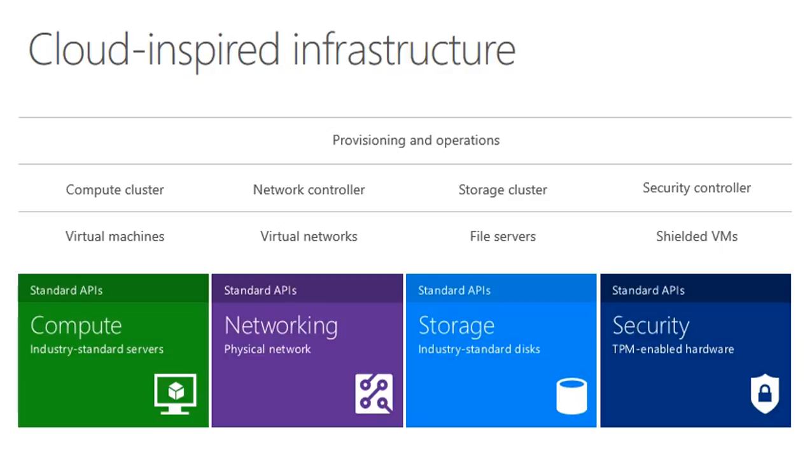And I want you to look at the word standard across all of these. Standard compute, industry standard servers, standard APIs for networking, standard APIs for storage, standard APIs for security. We're bringing in TPM-enabled virtual machines. When you think about this, the networking stack that we're bringing into Server 2016 is the data plane that we've had coming from Microsoft Azure. We'll talk about a few of these things as we go forward, but I wanted to just highlight this.